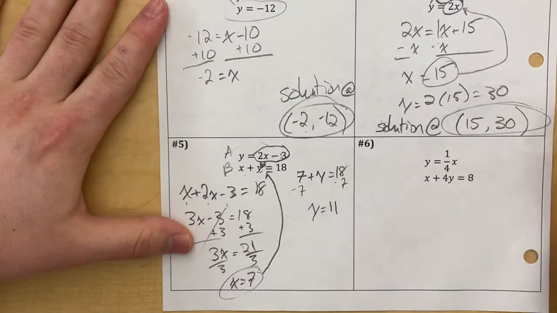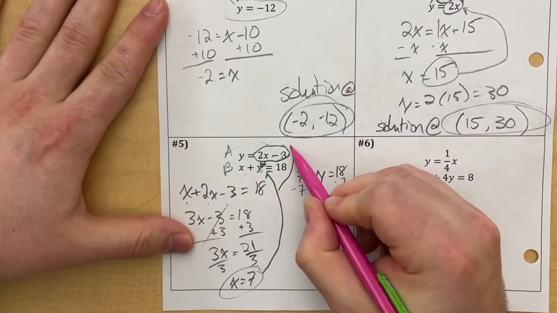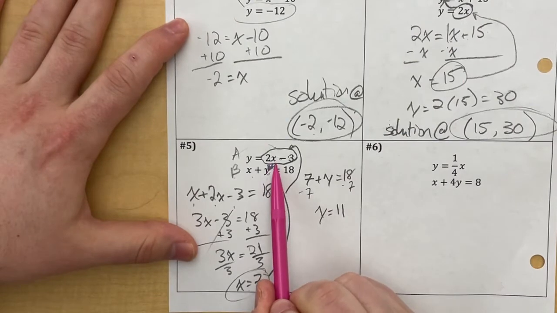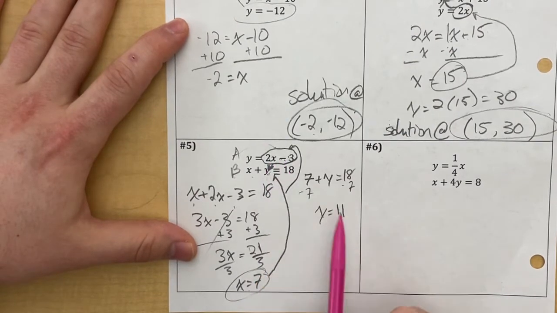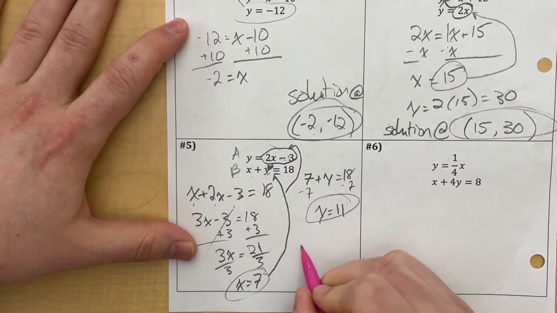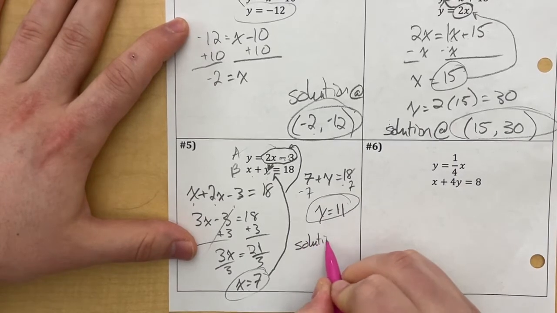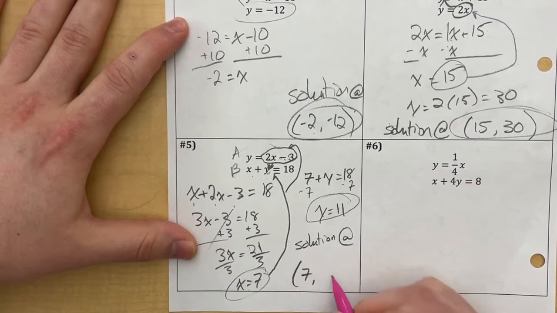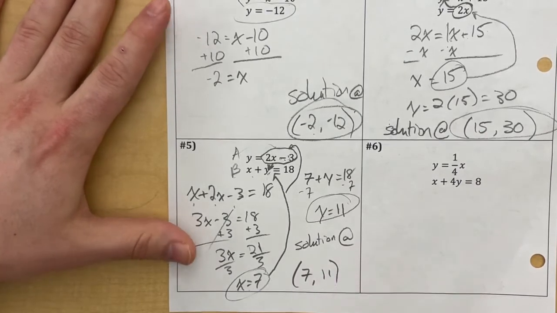You can also do it with the other equation: 2 times 7 is 14, minus 3 is 11. So either way it works. Just make sure you label that solution point, meaning an ordered pair. So I have 7, 11.